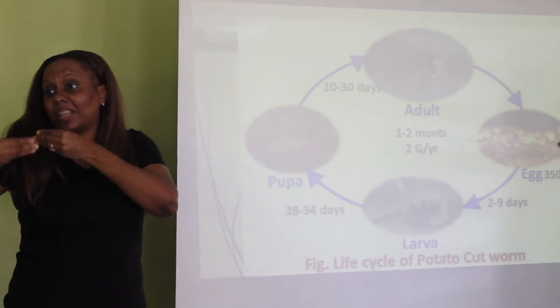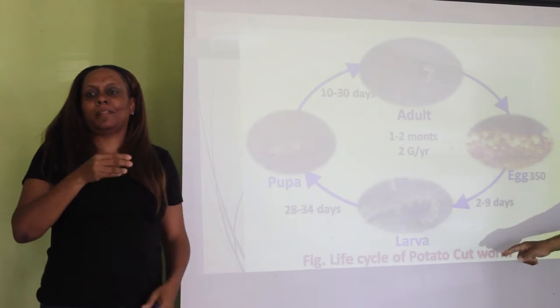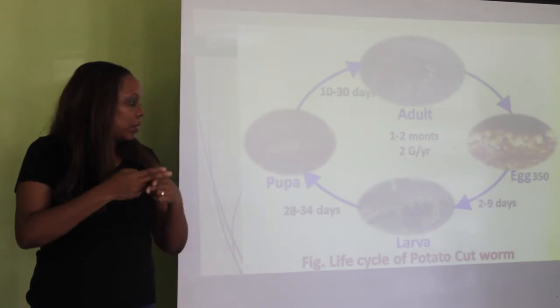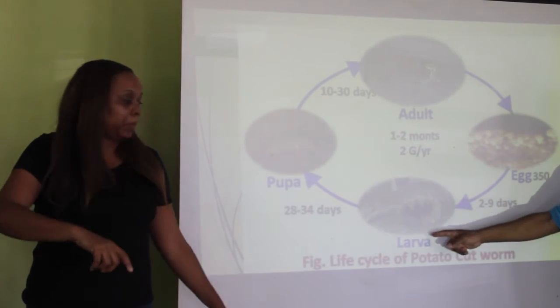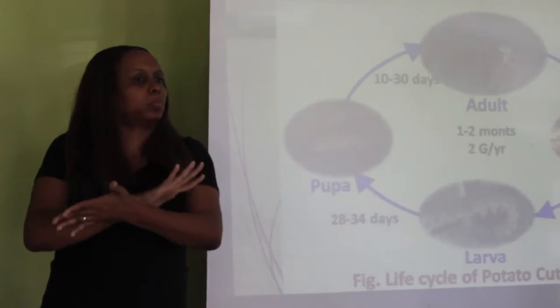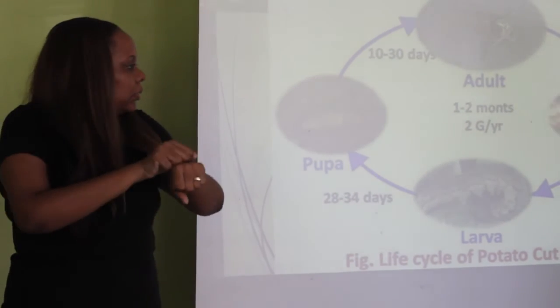So imagine 350 eggs maturing to larva. Just one adult, what they call potato worm. Now, it is at this stage you get the most damage, the larva stage. This is where the worm starts eating your leaves. Sometimes it goes to the sweet potato itself and goes inside the sweet potato.